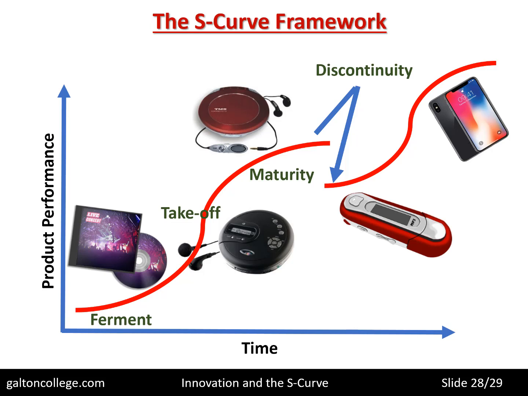And then they will be replaced by new products, which we've got here, which will start at a low level, well, high for that curve, but at the bottom end of the curve, the one on the right, and then rapidly increase until we get very sophisticated products that can offer many functions, but also offer the function which we're considering here, which is playing music. So now we have Apple Play, and we have music stored on the phone, and we have music online, and so on and so on.